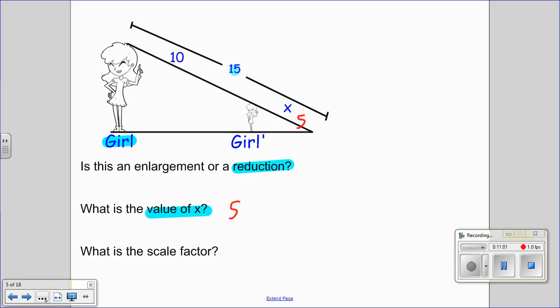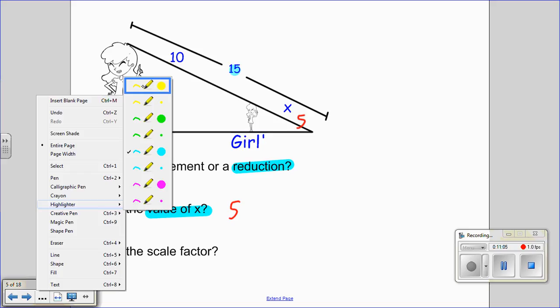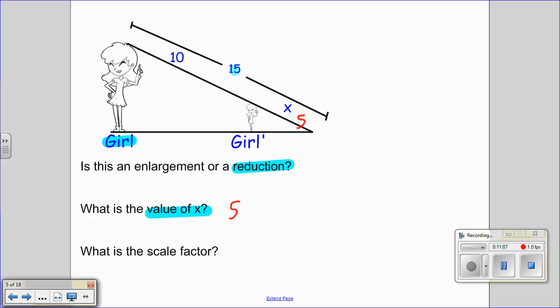So now they want us to find the scale factor. By what number is it reducing? And if we go back to earlier, we said a reduction has to be a number less than 1. So it's going to be a fractional number. So what number would I multiply 15 by that would produce 5?